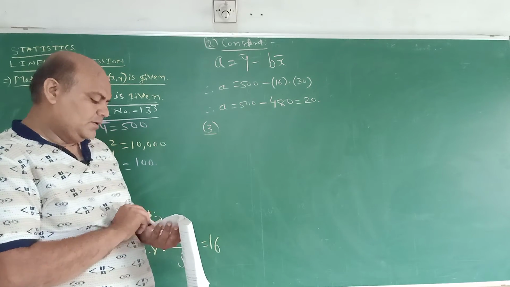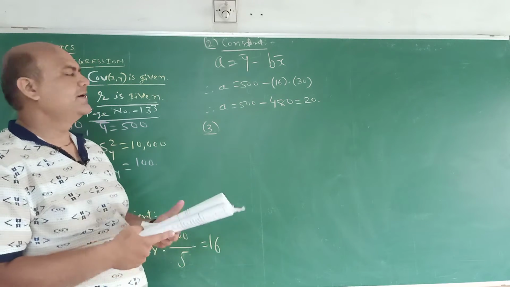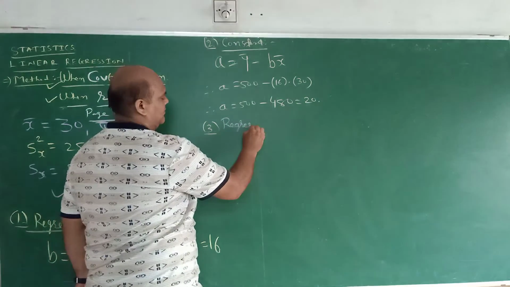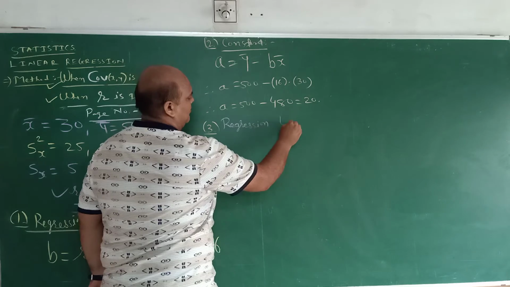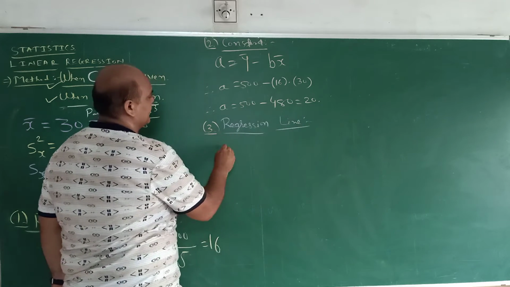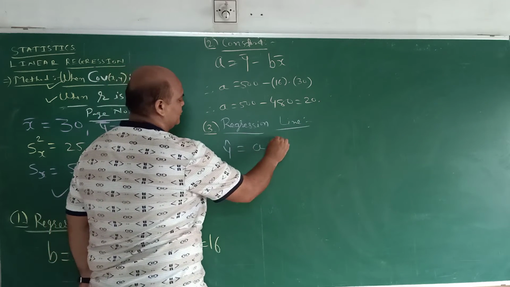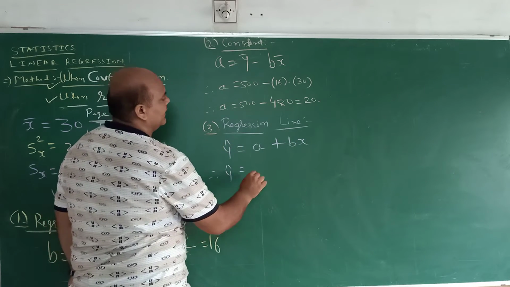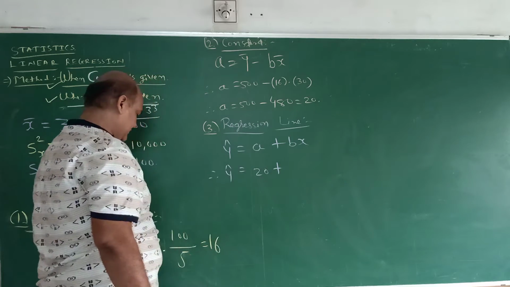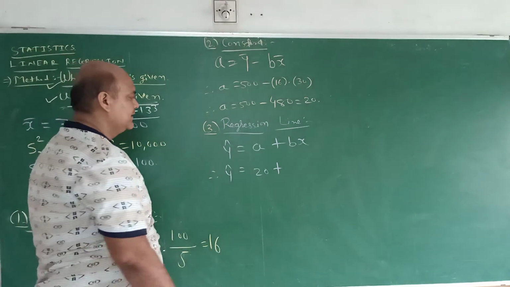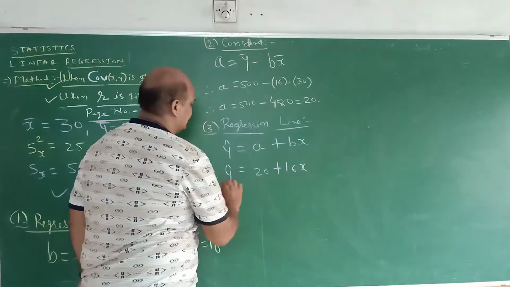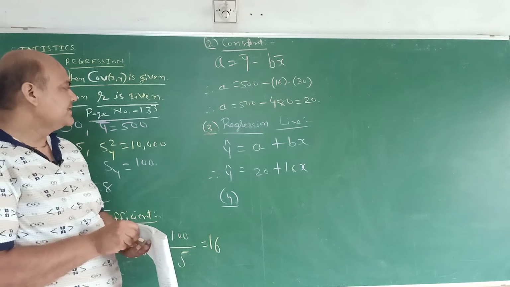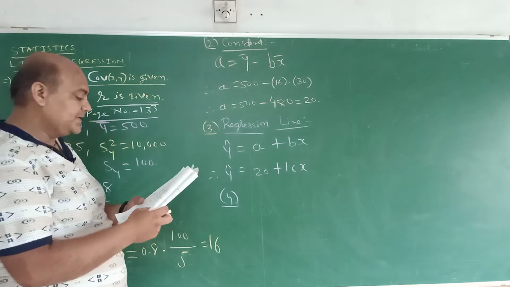Now our third step, my dear friends, is the regression line. Regression line is y cap is equal to a plus bx. A is 20 plus b is 16, so 16x. Regression line, third step, y cap is ready. Our fourth step is forecasting.